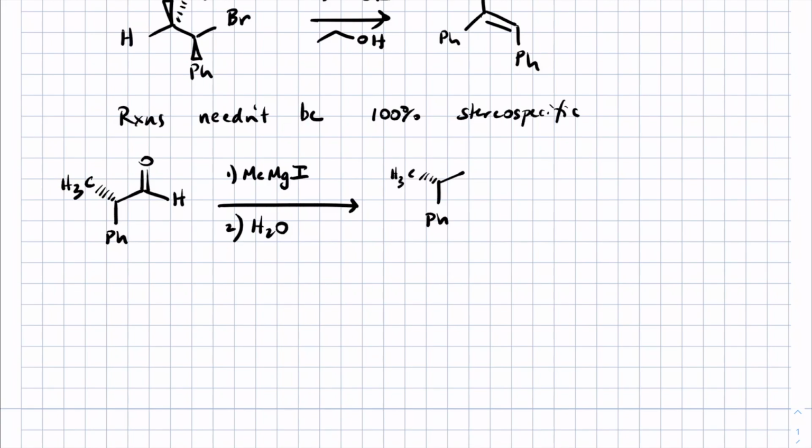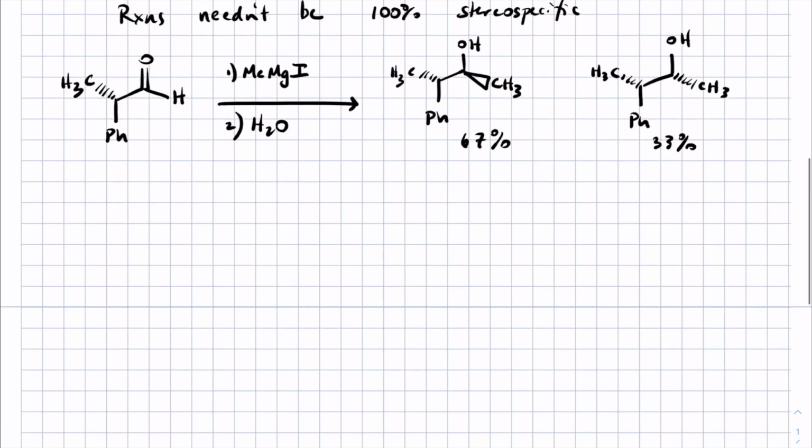Starting with the enantiomer of the aldehyde shown, you get the majority of your product from the methyl Grignard attacking the aldehyde from above, and then you get a smaller but still measurable amount of the diastereomer where the methyl Grignard attacks from below.